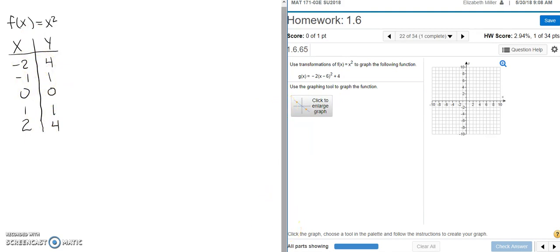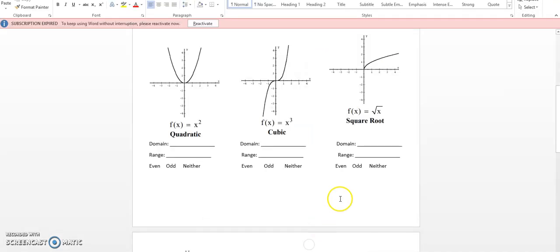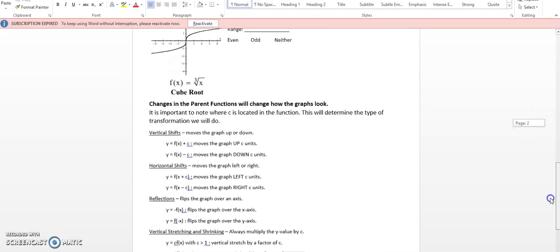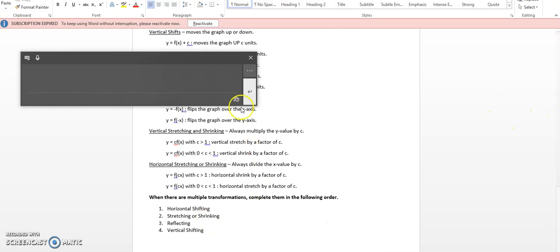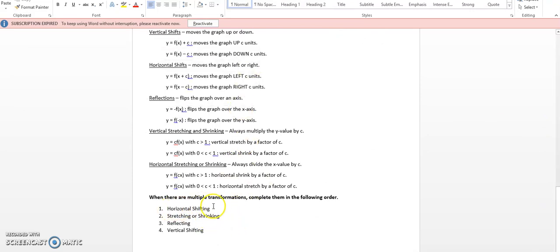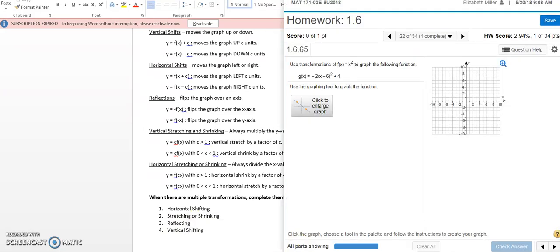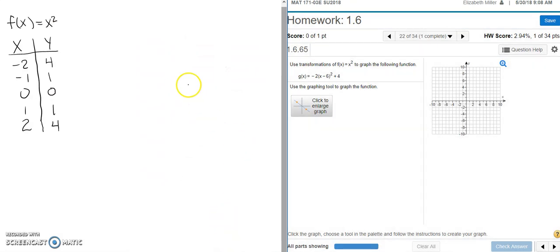Now, when there's multiple transformations, there is an order we need to use. Down here at the bottom, it's horizontal shifting, then stretching or shrinking, then reflecting, and then vertical shifting. We have to keep that in mind and go in that order. The first thing is horizontal shifting.